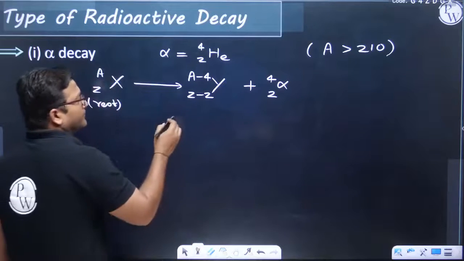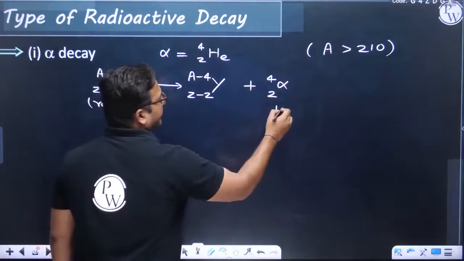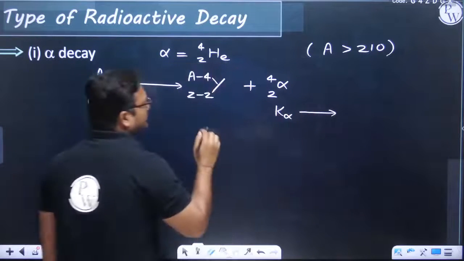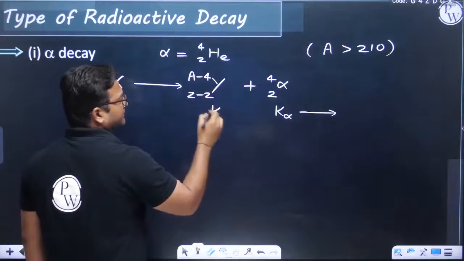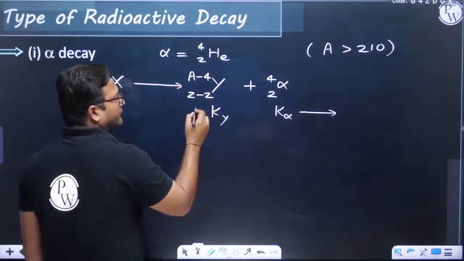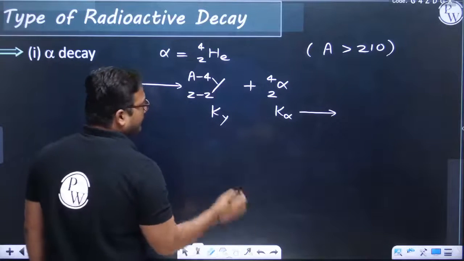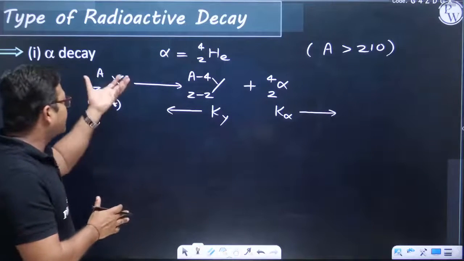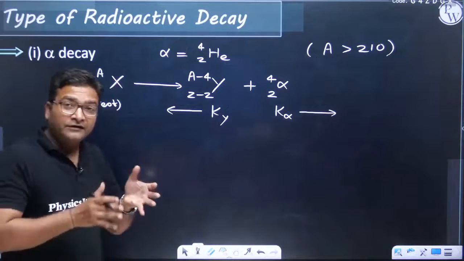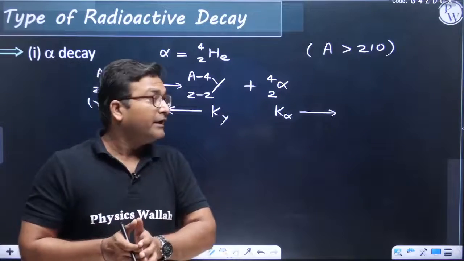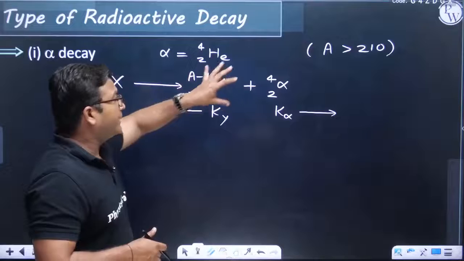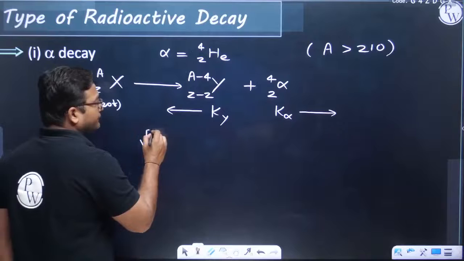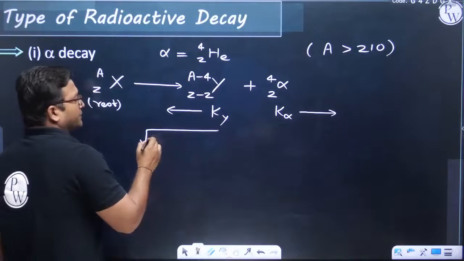Suppose the alpha particle has kinetic energy K alpha and goes in a certain direction. The kinetic energy of the particle Y can be written as Ky, and Y recoils in the direction opposite to the motion of the alpha particle. Always remember, as the initial system was at rest, the total momentum will still be 0, and that is why the 2 particles Y and alpha will have equal momentum. The momentum can be written as square root of 2mK, where m is the mass.